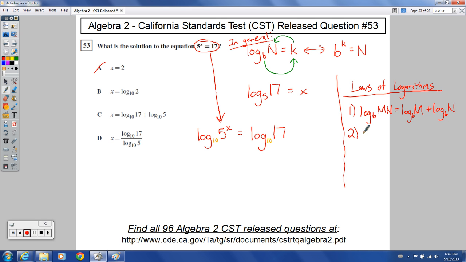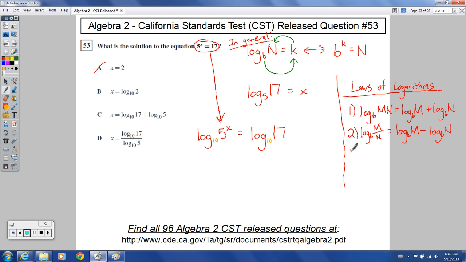Another law: we're not proving why these are true right now, we're just utilizing them. With division of two values with a base of b, we take the log base b of the numerator and subtract the log base b of the denominator.